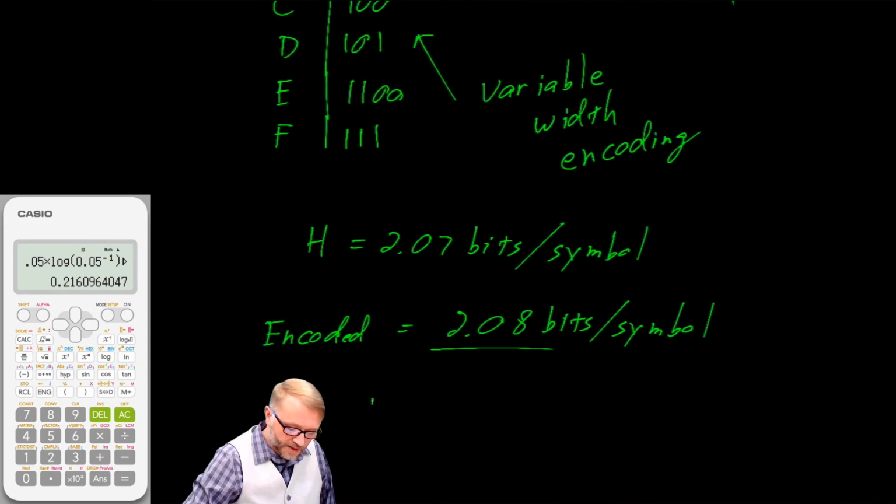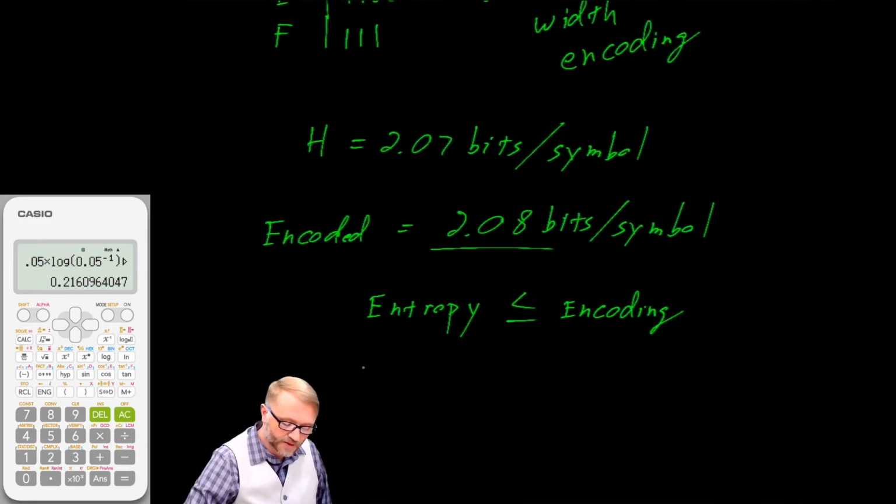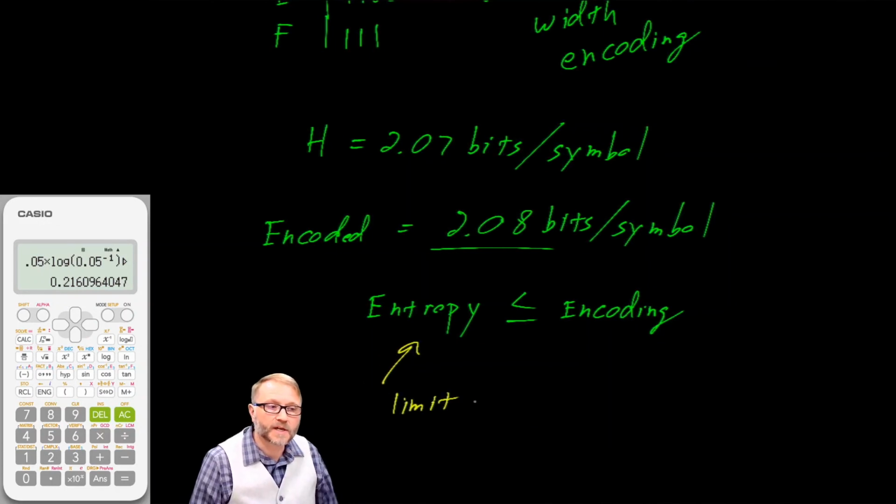We should make a note here that entropy is always going to be less than or equal to the encoding. In fact, you could think of entropy as a theoretical limit. In order to get your message across, you have to transmit the whole message. Entropy describes how many questions or how many bits you had to use to achieve that goal. Know that there are times when it's okay to lose information, but that's a topic for another day.